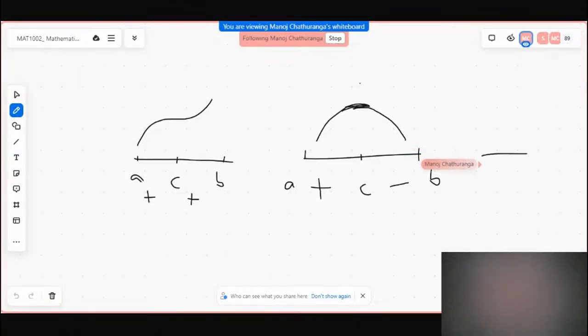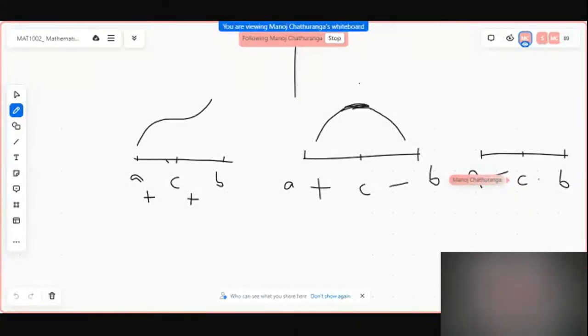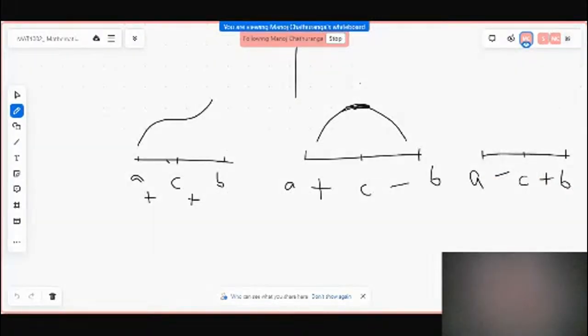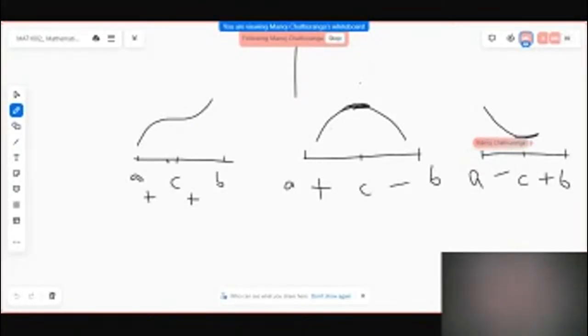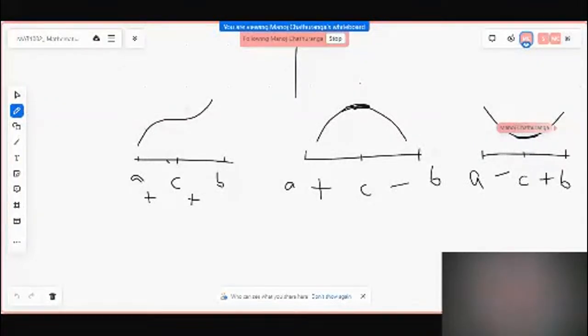Likewise, let's say C is a critical number, so the derivative is zero. Between A and C, the derivative is negative, and between C and B it is positive. So the derivative being negative means the function is decreasing and at C there is a horizontal tangent line. Then after that the function is increasing.